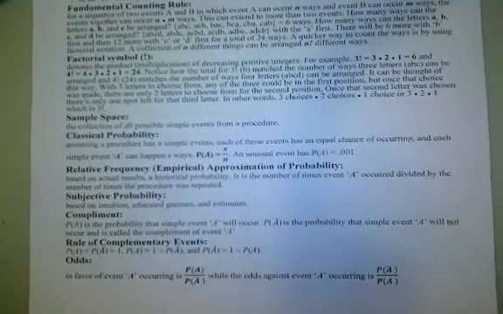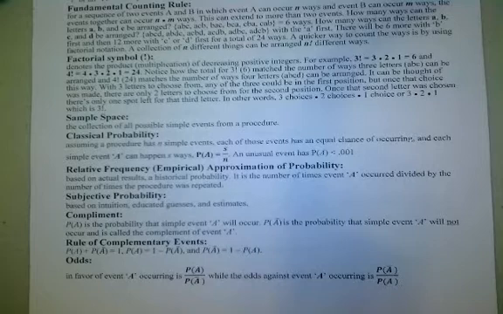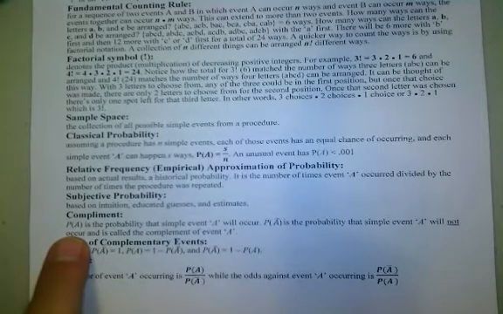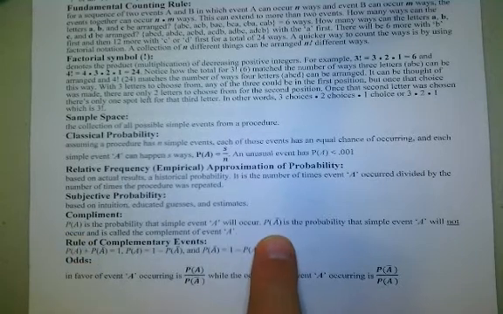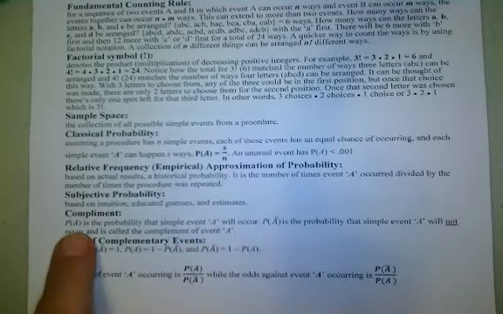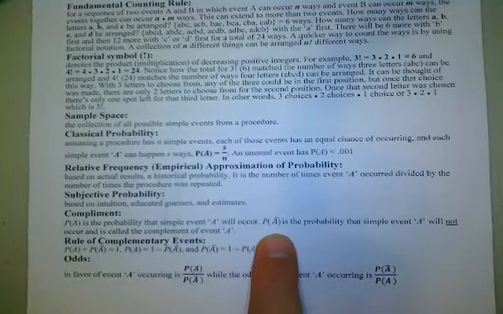We have a complement. Basically, if P(A) is the probability that A will happen, this, with the little bar above the A, is the probability that A won't happen. And it is the complement of this. So again, this and this are called complements.